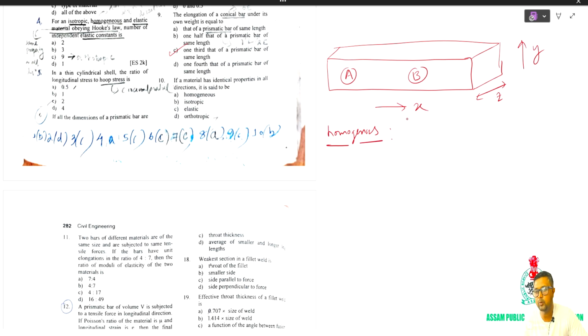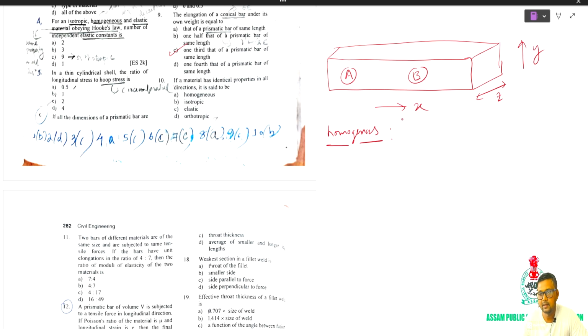If the mechanical properties at A along the x direction are the same as the mechanical properties at B along the x direction, and also if the mechanical properties along the y direction at A are equal to those along the y direction at B, similarly for other directions, Z or any other directions, then the material is said to be homogeneous.